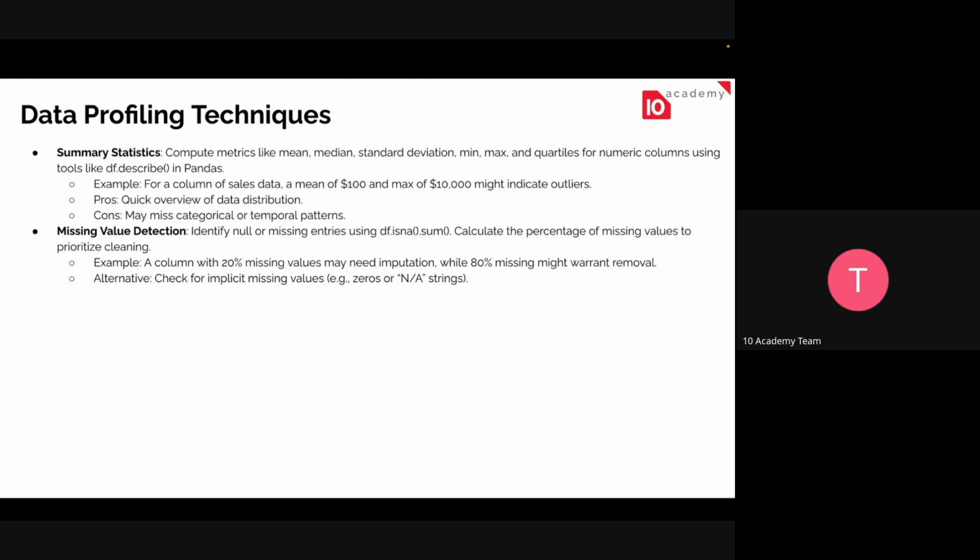So first, we're going to take a look at 5 data profiling techniques, and then we're going to go to the EDA techniques and take a look at them.